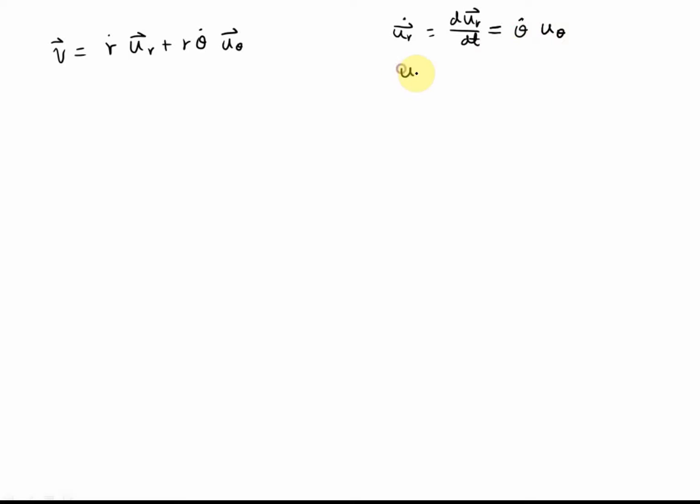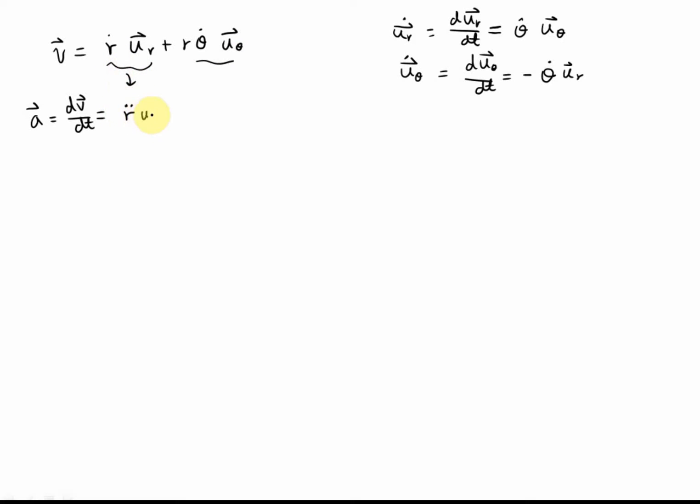And I also showed you that u_theta dot, which is d(u_theta)/dt, is negative theta dot u_r, right? Then let's get the acceleration. Acceleration is dv/dt, which means I need to take derivatives here.